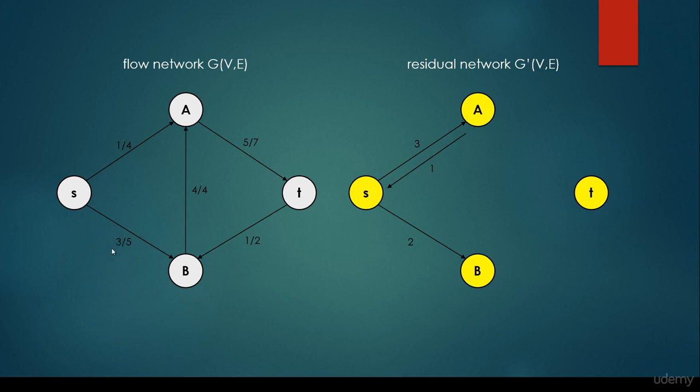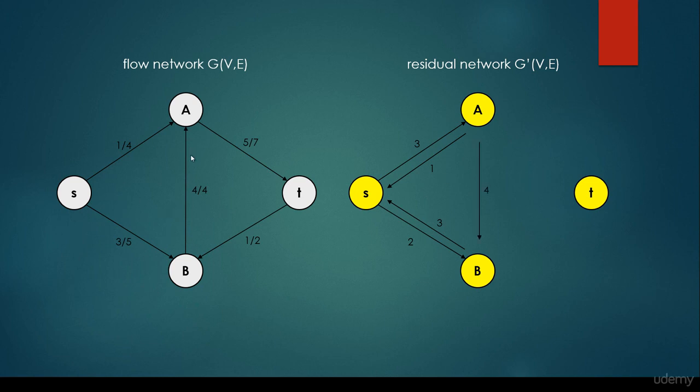But because we have sent 3 units of flow in that direction, we are able to send back 3 units of flow. Okay. As you can see, if we sum up the values of the edges, 3 plus 1 is equal to the capacity of that given edge in the original flow network. 2 plus 3 is equal to 5, which is the capacity of the original edge in the original flow network.